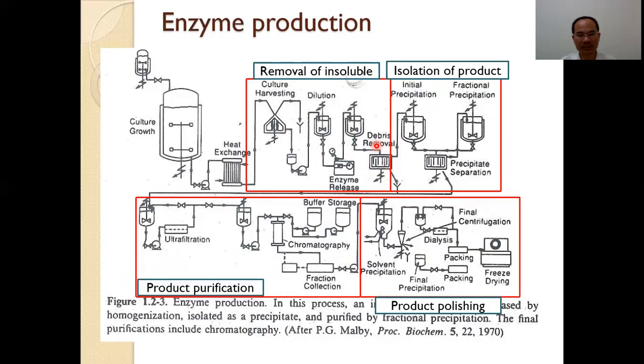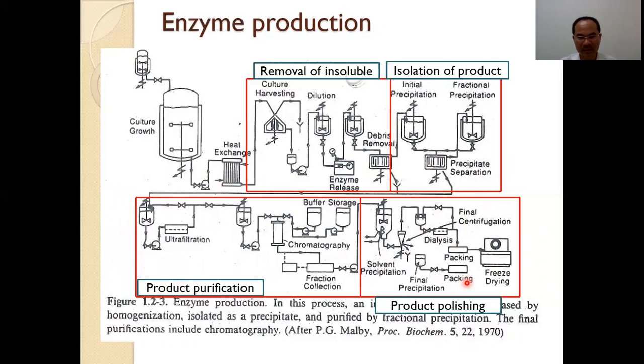You can separate the solute by precipitation. After precipitation, there is some solid precipitate, and you send it to filtration to separate liquid and solid. Then for the liquid, you remove some solute by chromatography. You get pure product, and finally you have to do product polishing.